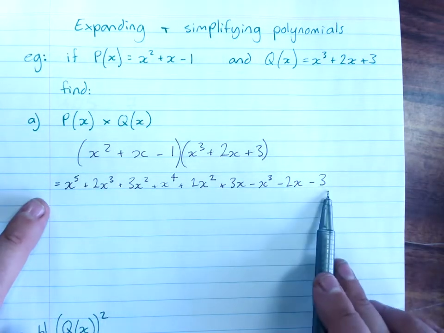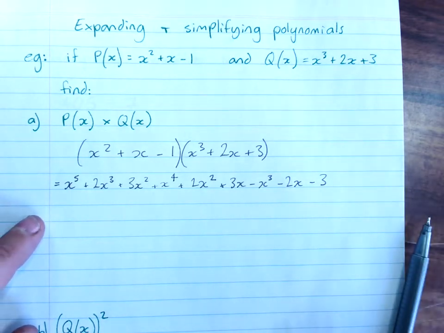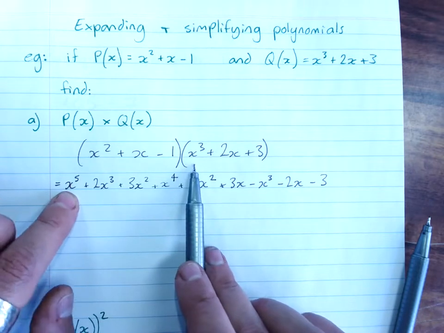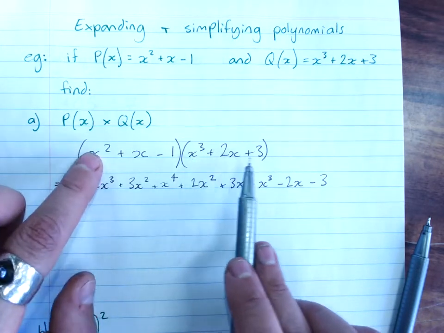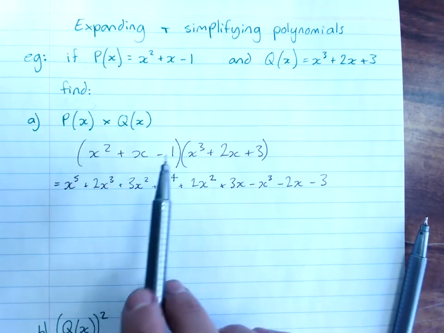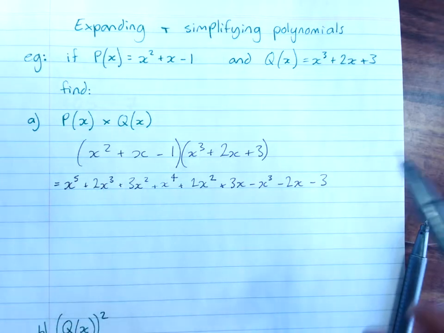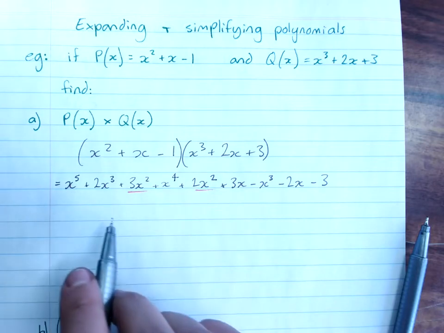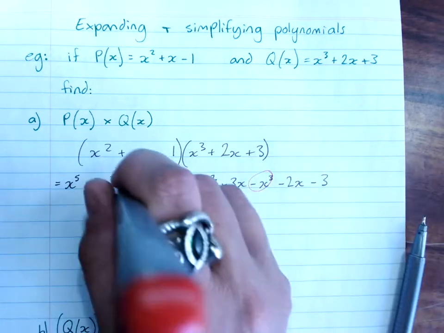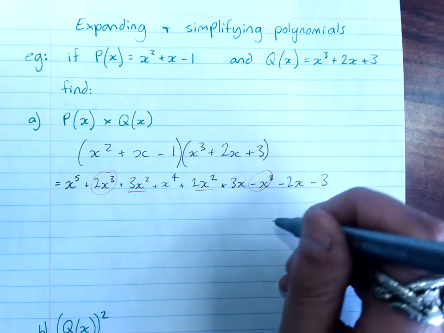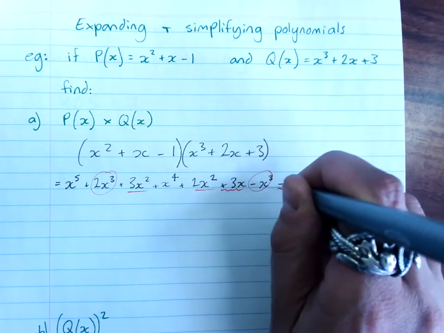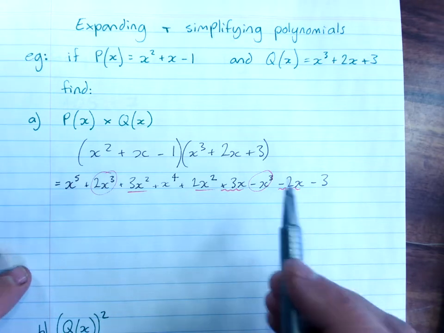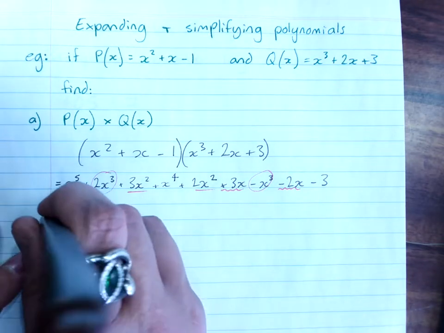So having expanded it all out, we then need to gather like terms. There's only going to be one of your highest power because we didn't have any double ups with an x squared and x cubed, but it's worthwhile looking for double ups in the other powers. Obviously you don't have to do my little squiggly method, I just find it helps me to track that I've done everything.